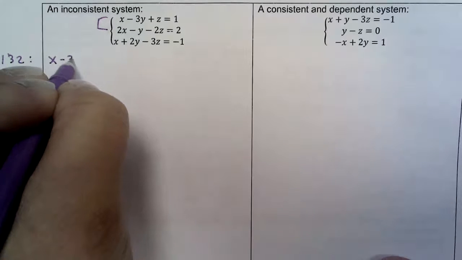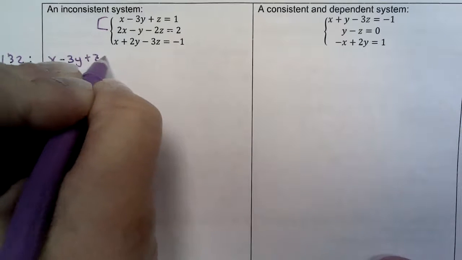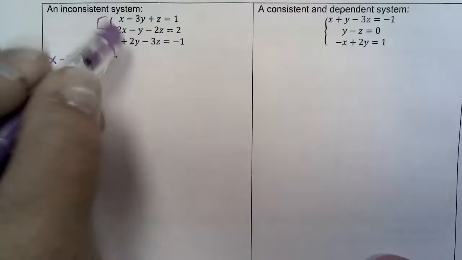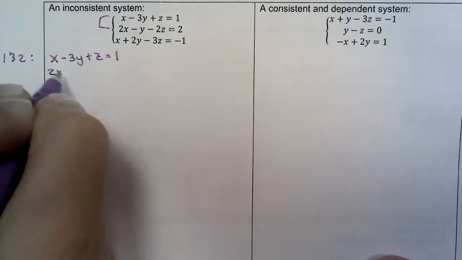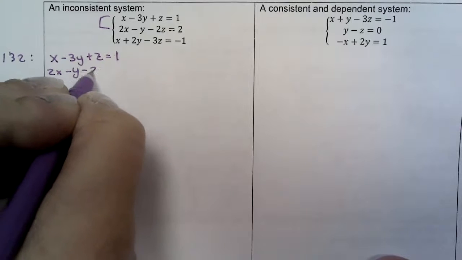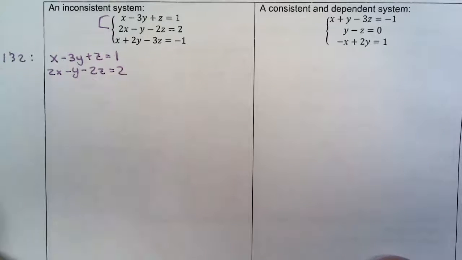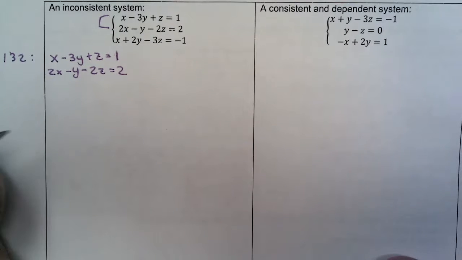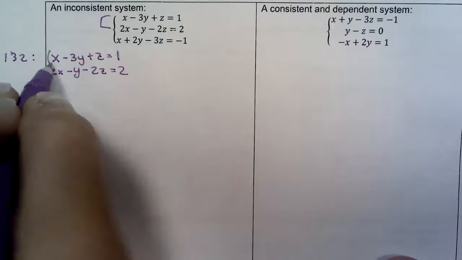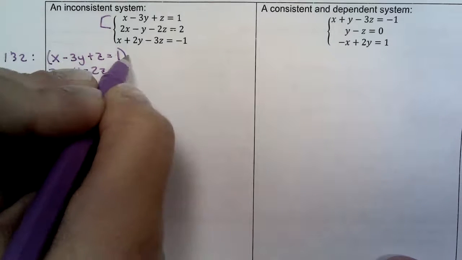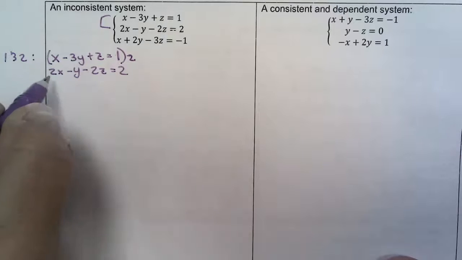So x minus 3y plus z equals, not negative 1, equals positive 1. And then we have 2x minus y minus 2z equals 2. Okay, so we can combine these, and I'm just going to get rid of the z's here because that'll make it easy if I just multiply this by a positive 2.